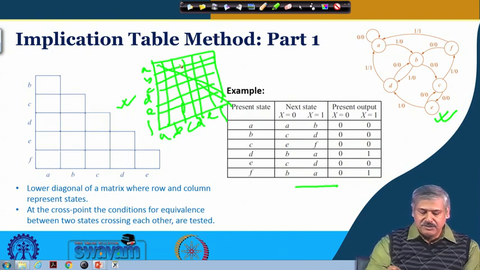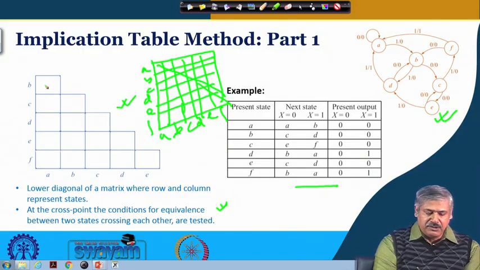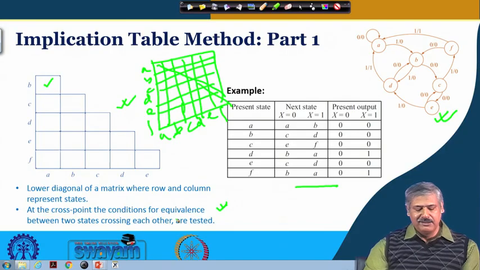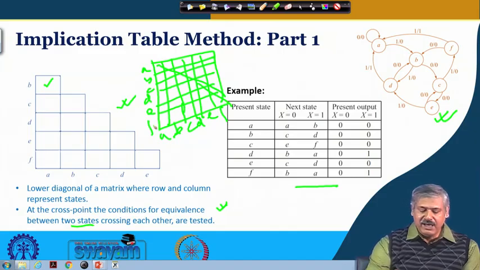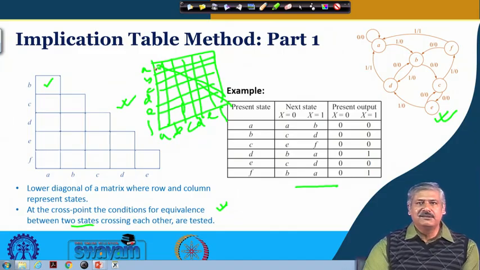Why? Because in this implication table, these are the cross points. In these cross points we shall test the equivalence between two states, right? Now A and A are already equivalent, we do not need to consider that. B and B are already equivalent, we do not need to consider that.